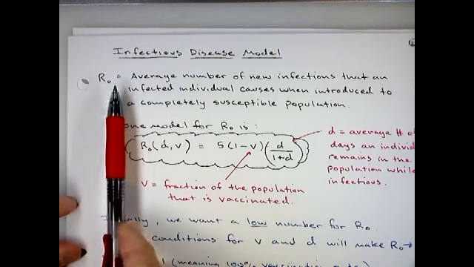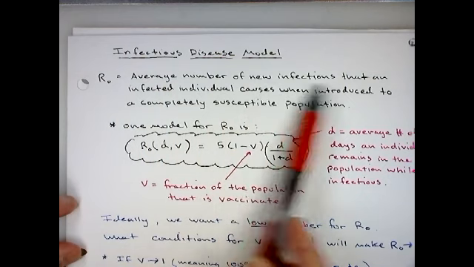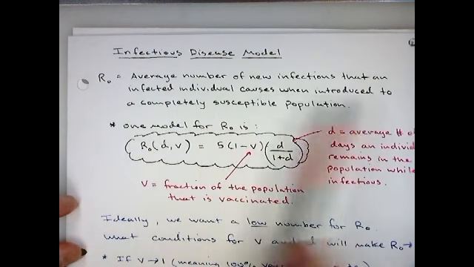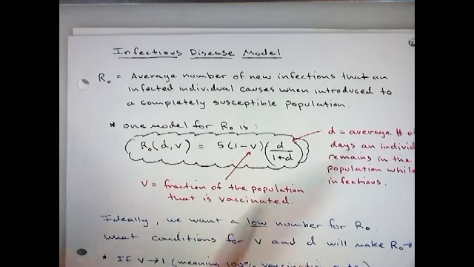And R naught is defined to be the average number of new infections that an infected individual causes when introduced to a completely susceptible population. So to give you some perspective, the R naught number for the COVID-19 virus, which is at this moment very prevalent in this country and all over the world, is estimated to be between 1.5 and 3.5.